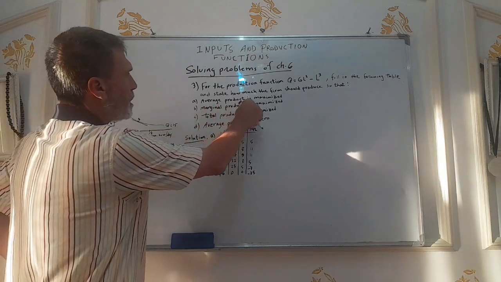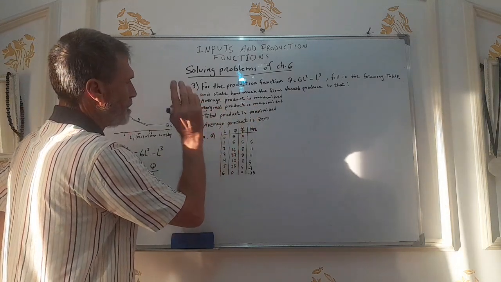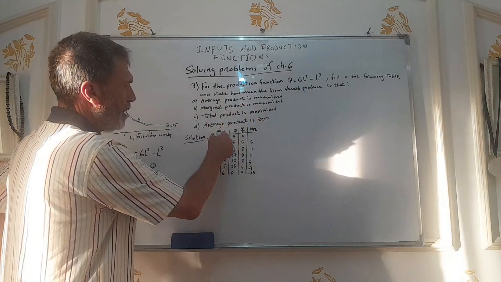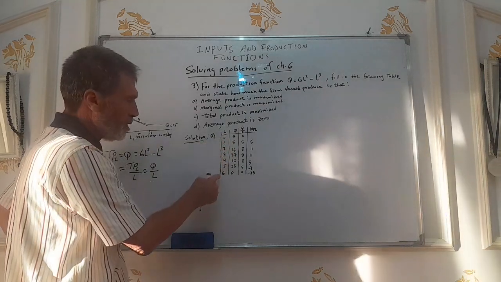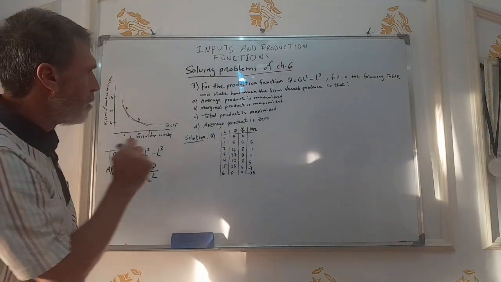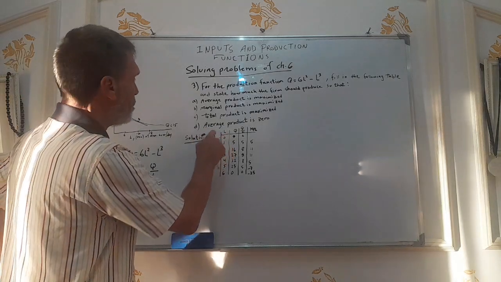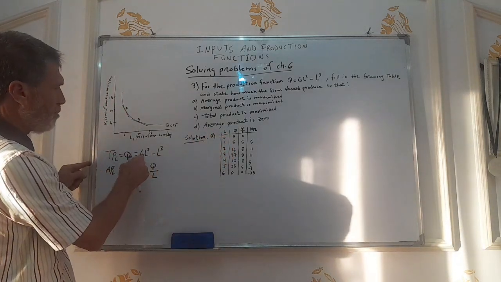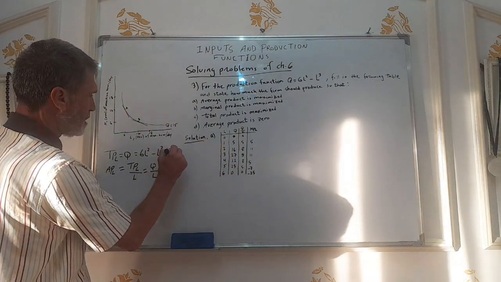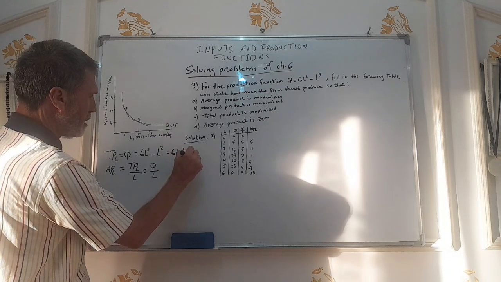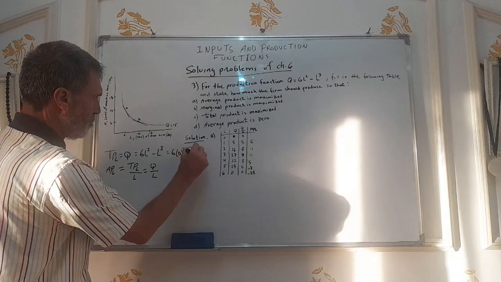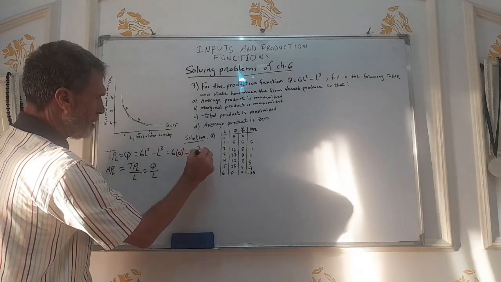Let's fill out the table first. We have L ranging from 0 units of labor all the way to 6 units of labor. Now for Q, we just plug in. For L equals 0, for instance, 6 times 0 squared minus 0 cubed. What do you get here? You get 0.